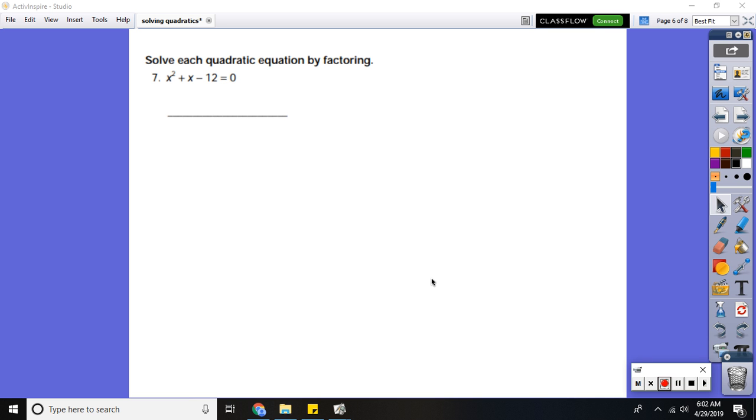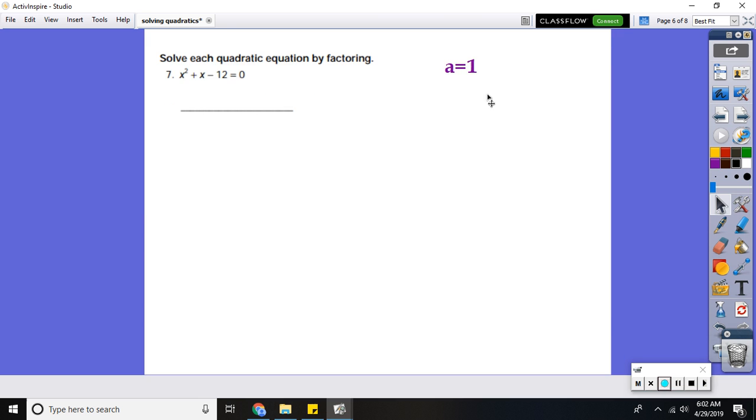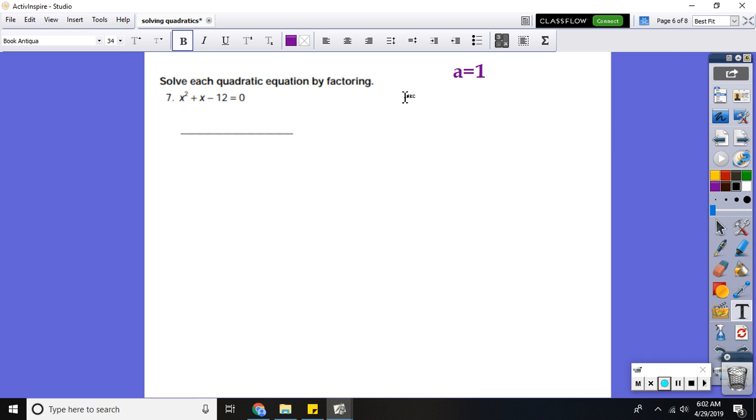This is an example of when a equals 1. And the reason it's an example of when a equals 1 is because when we learned in class about quadratics, we learned that there was a standard form. It was y equals ax squared plus bx plus c.